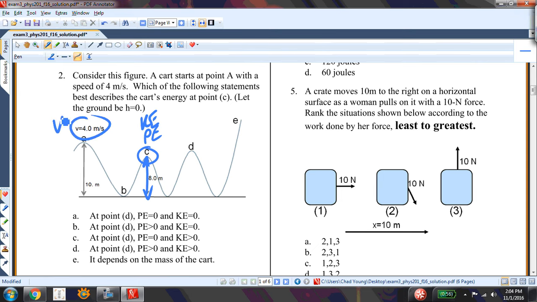It had kinetic energy over here, and now it's at a lower height at point C. So some of the potential energy that it had over here will be converted into kinetic energy at point C. It's going to have this kinetic energy plus some, so it actually has more kinetic energy than it had at point A. That's really more than you need to know. But at point C, these should all say point C, and I will fix that. At point C, the potential energy is greater than 0, and the kinetic energy is greater than 0.